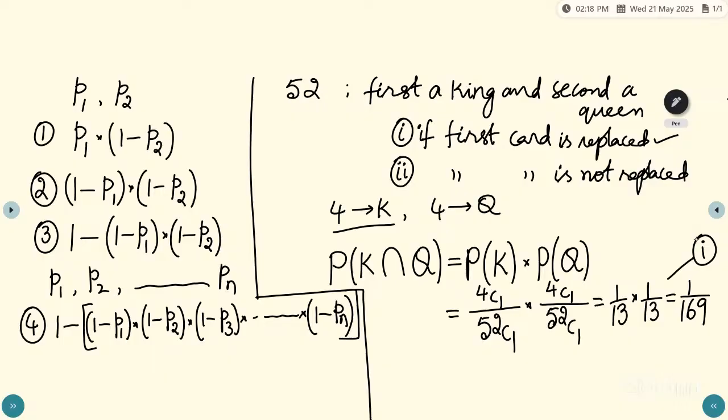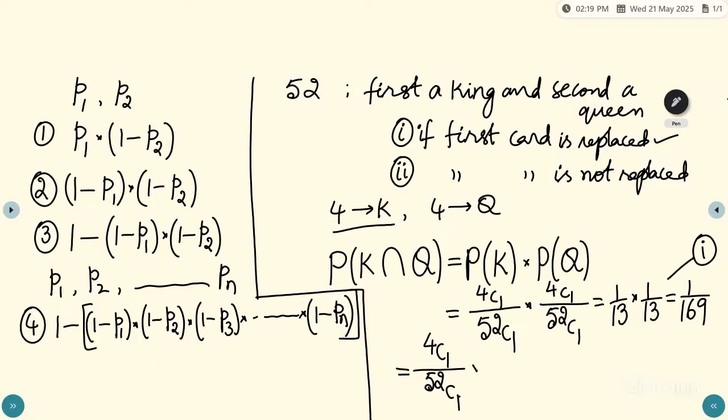Yes or no? Right. What is the second case? Write down: if the first card is not replaced. There are 52 cards. Choose one. How many kings are there? Four.